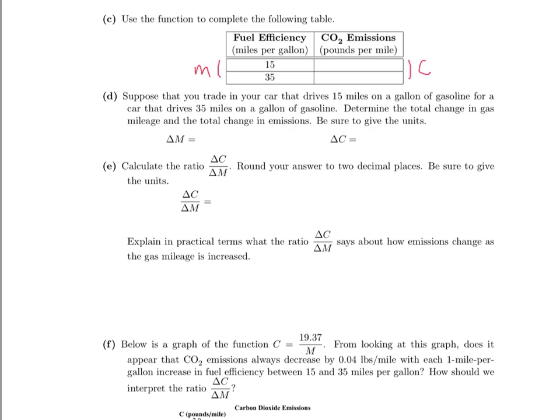So if we start by taking the number 15 and we substitute that into our function for m, we arrive at a C value of approximately 1.2913, rounded to 4 decimal places. If we substitute 35 in for m in our function, we arrive at a C value of 0.5534.